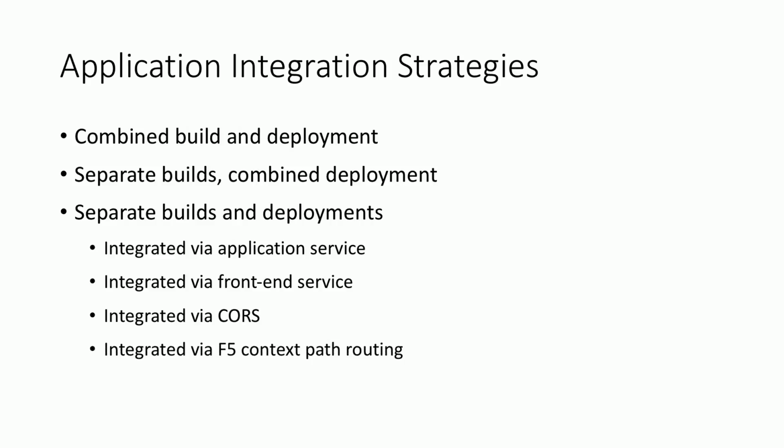And finally, a fairly new option that's available for both cloud and non-cloud apps is to use F5 context path routing. All four of these are ways of keeping your application fully separate in processes. You've just got different configuration that supports these.